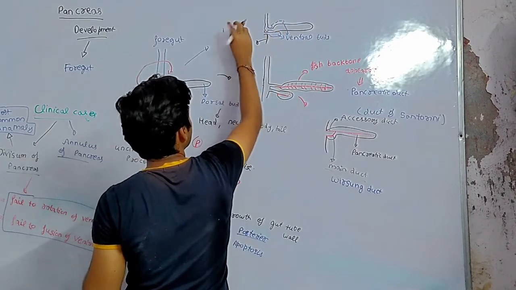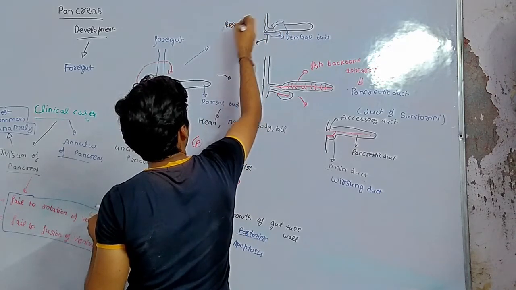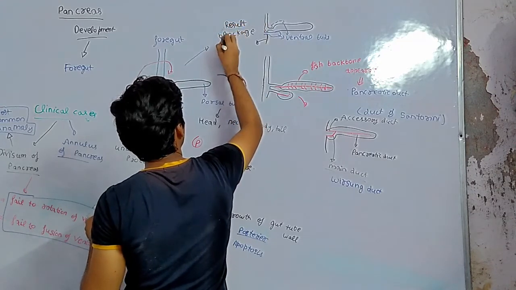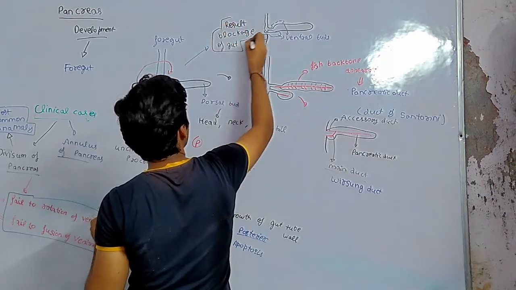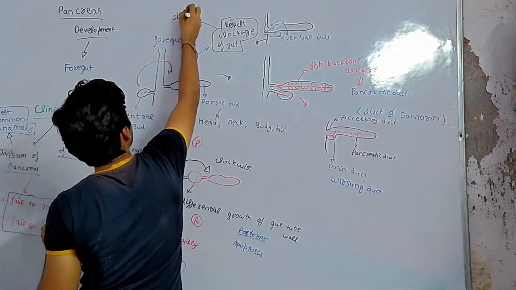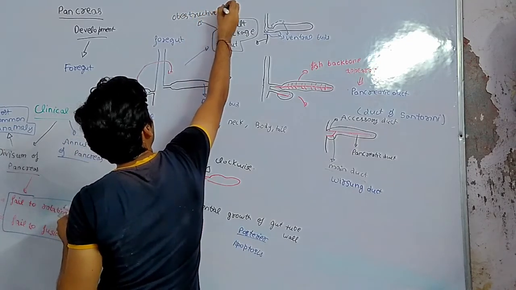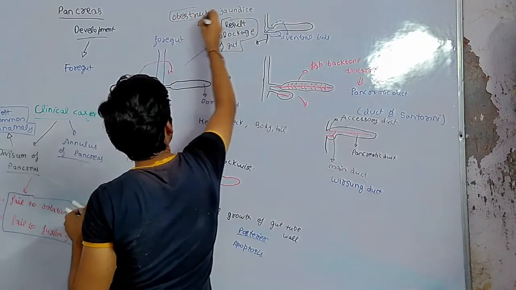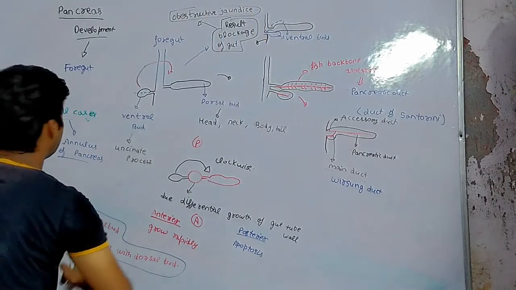This results in blockage of the gut, which causes obstructive jaundice. So this is annulus of pancreas. This is the second anomaly.